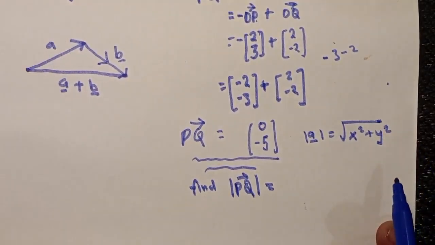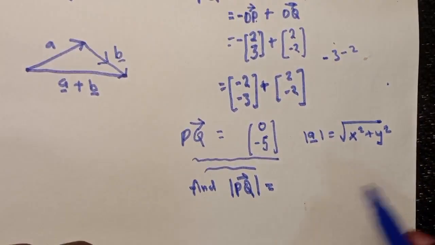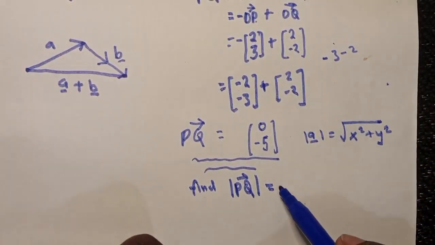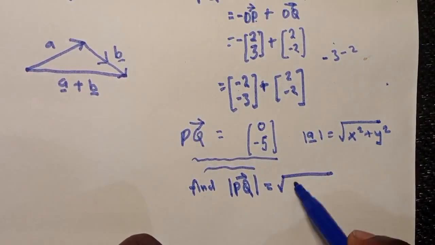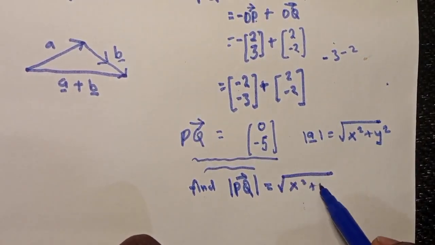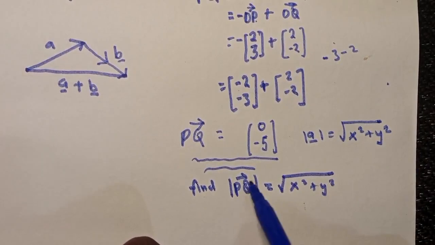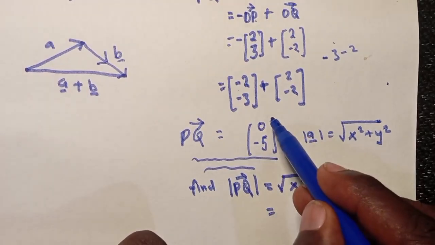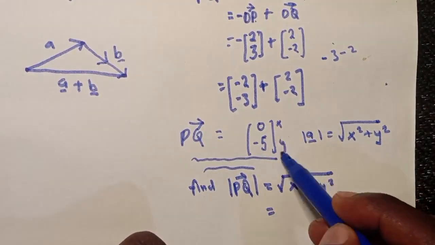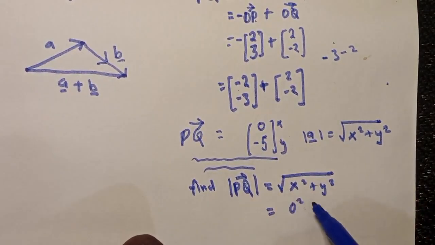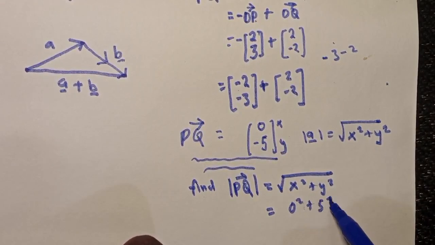That's the formula using the components. So for this one, we're going to say x squared plus y squared, and PQ is so this is x and this is y, so that is going to be 0 squared plus 5 squared.